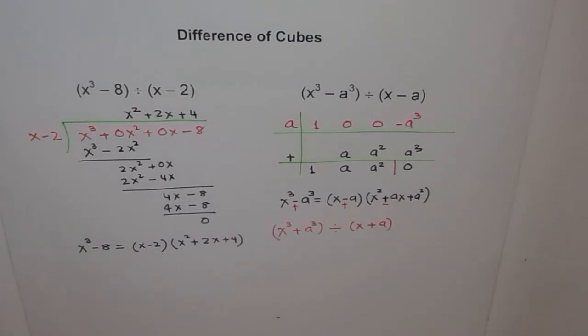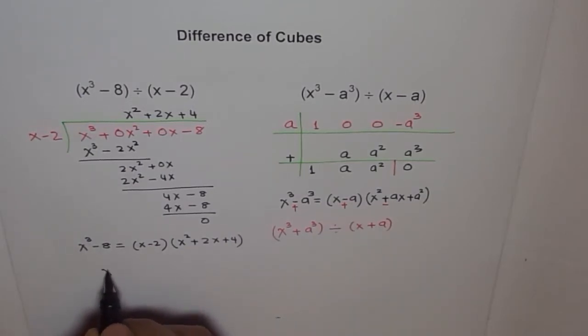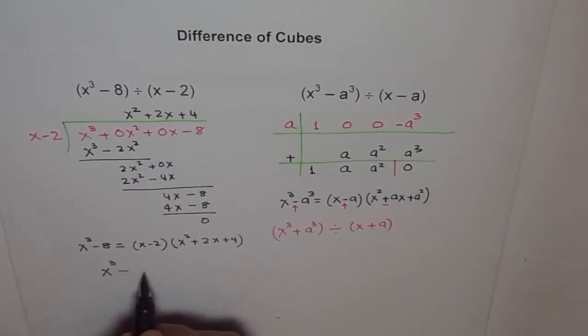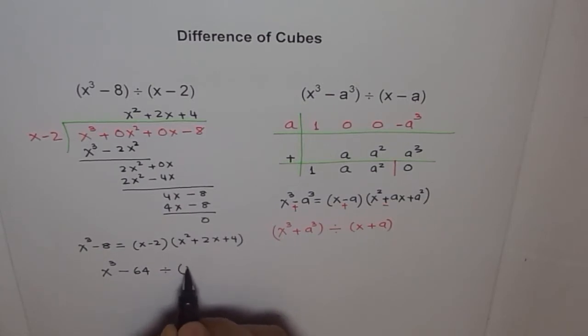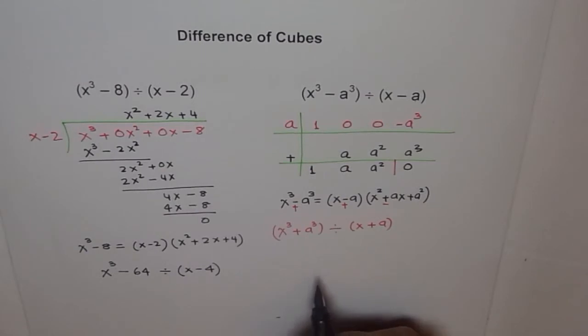Now, here are some practice problems for you. You can practice these and check if you get the same result. We can have x cubed minus 64 divided by x minus 4. Correct? Right.